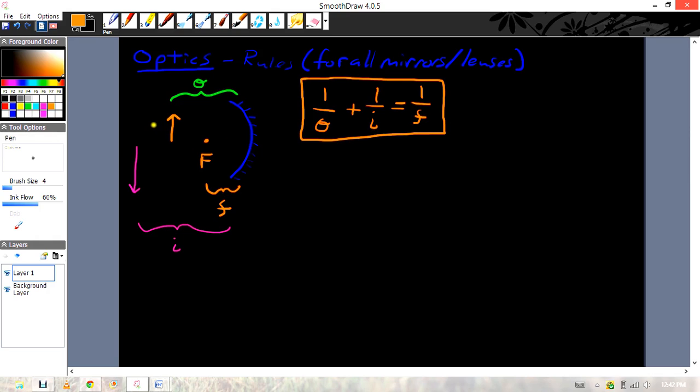So the heights we will label as H sub O and H sub I. Obviously the focus doesn't have a height. So these are all distances, remembering, of course, that our focal length is half the radius of curvature.